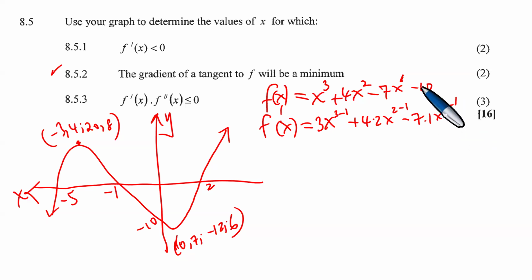The derivative of a constant, a number with no x, is naught. There's a minus there, but the derivative of a constant is 0.